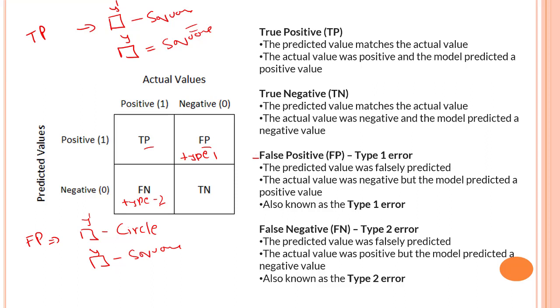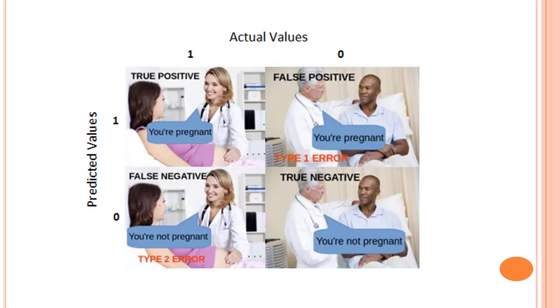Now, if all of this is not making sense, let me show you a very famous example that every one of us goes through in the initial stages. This picture is a perfect example of a confusion matrix. What is a type 1 error and what is a type 2 error? In the first case, we have true positive.